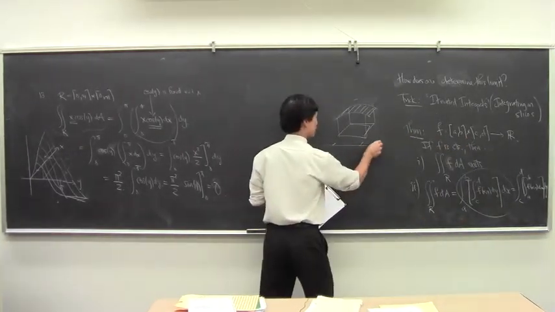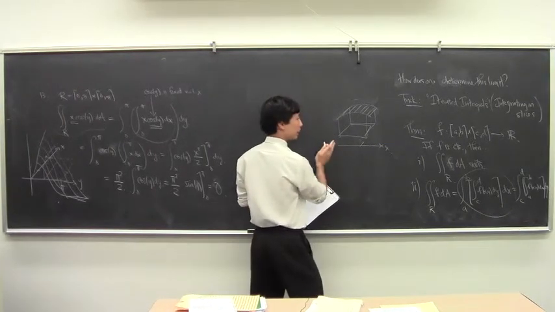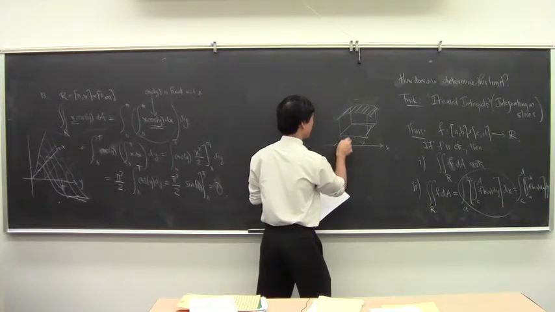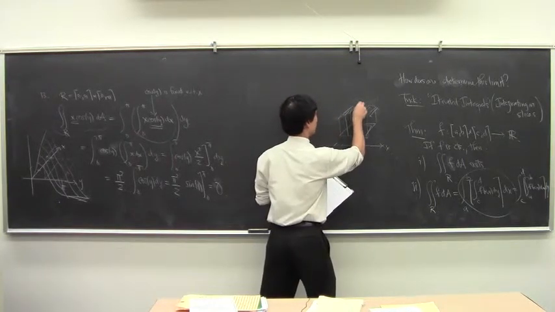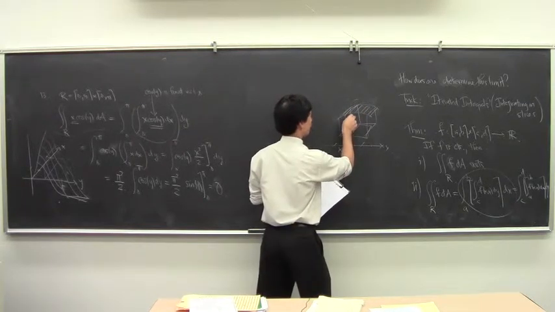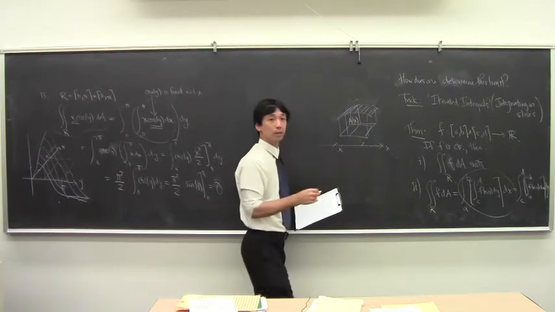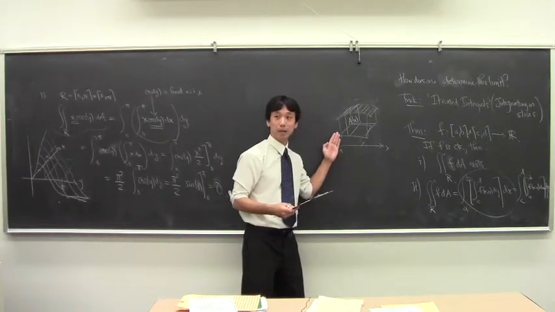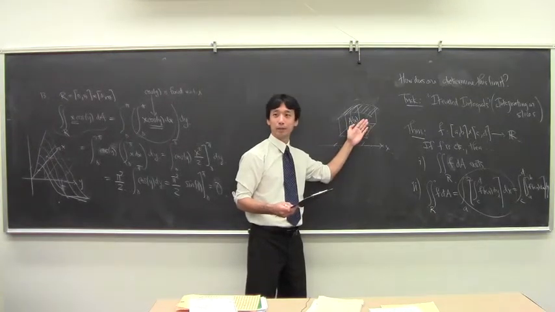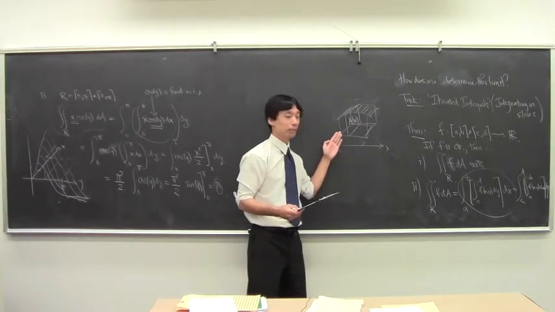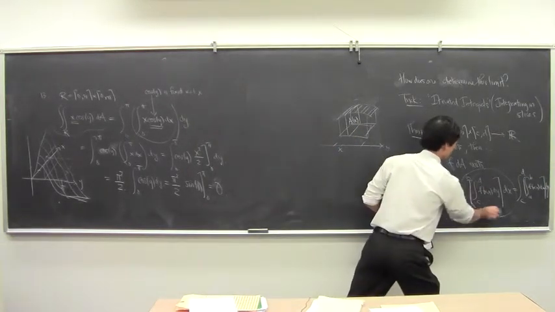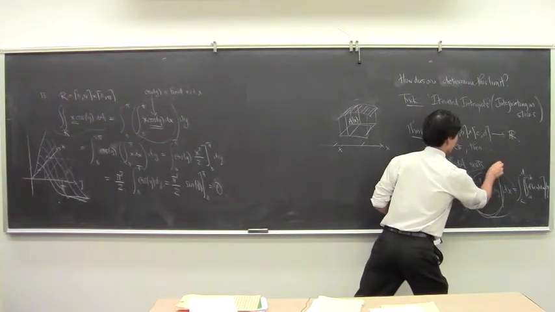I'm going to hold the x still, and I'm going to integrate along the y. For every x, I get some sort of function of x. I fix an x and I slice it through, and I get some sort of area. And that area depends on x. As x changes, that area changes.